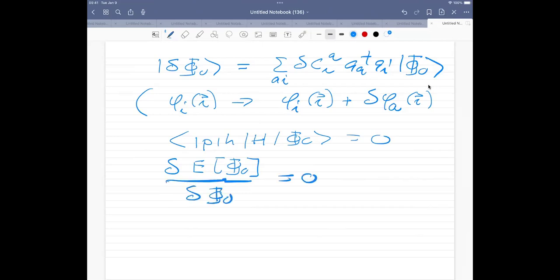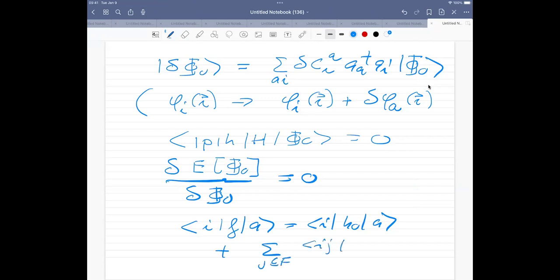And we required that that one had to be equal to 0. And what we ended up with then was a practical recipe where we found that these transition matrix elements or integrals of i of h0 of a plus the sum over all states below the Fermi level of i, j of v of a, j, anti-symmetrized, had to be equal to 0.